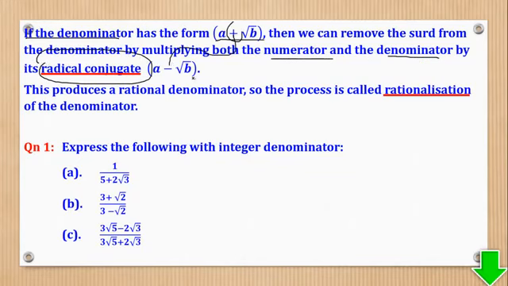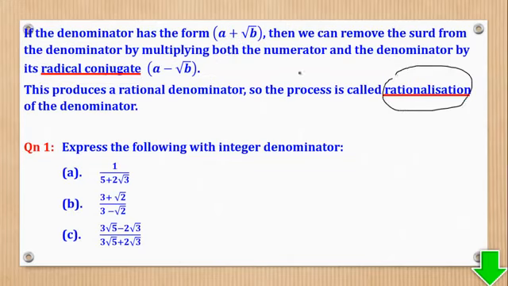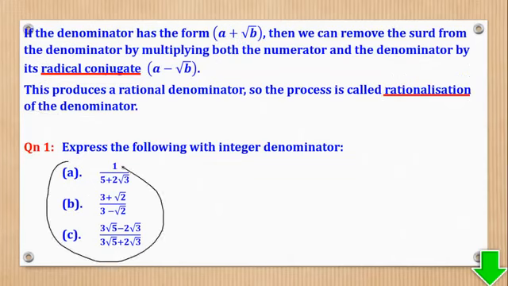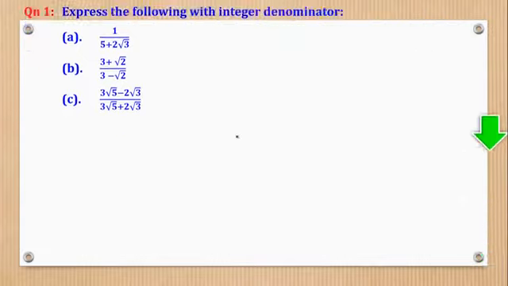The sign on the surd changes. Here the surd was positive, plus root b, here it will be minus root b. And this process is called rationalization of the denominator. So we shall go through these ones, and by the end of it, you will have mastered the concept of rationalizing.